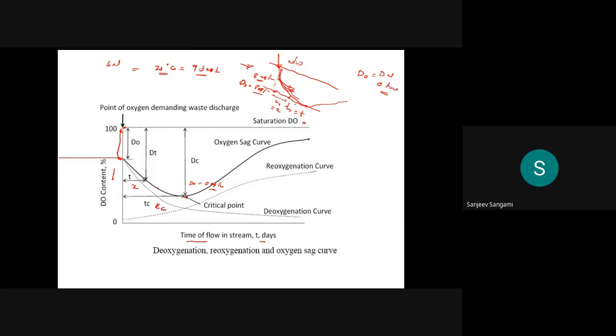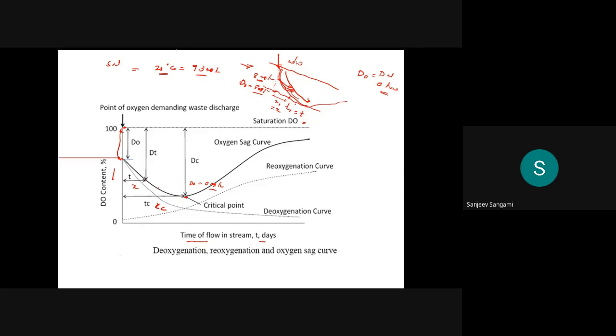Here the oxygen goes on decreasing, but as it travels some distance, the oxygen will go on increasing. Up to this distance we can call it the deoxygenation curve.